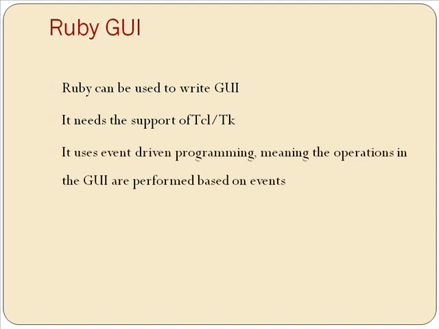Now, like most other programming languages, Ruby uses event-driven programming when it comes to GUI. That means an event is generated, and then the program is executed for creating the GUI.